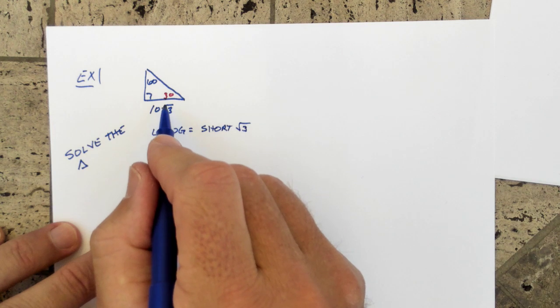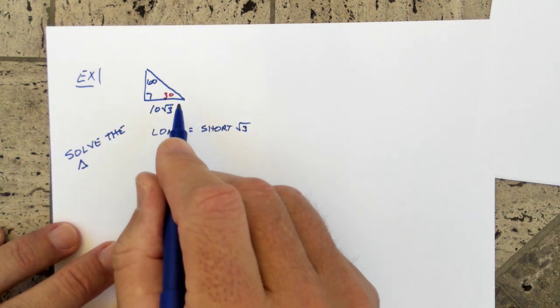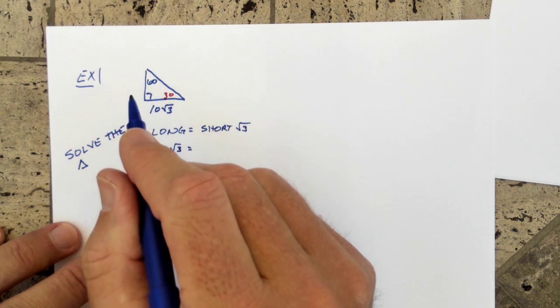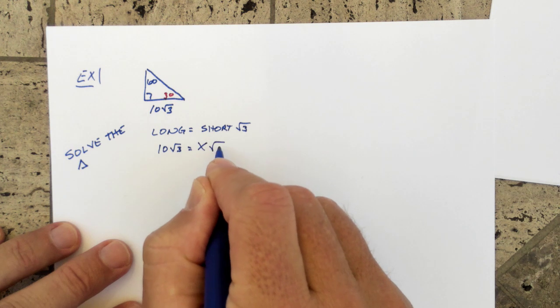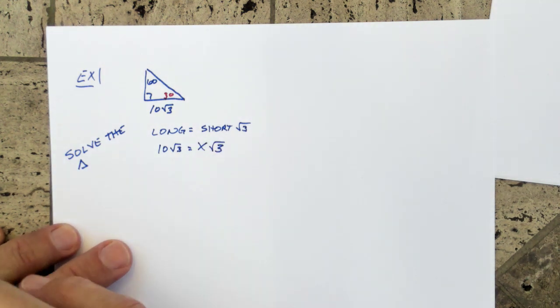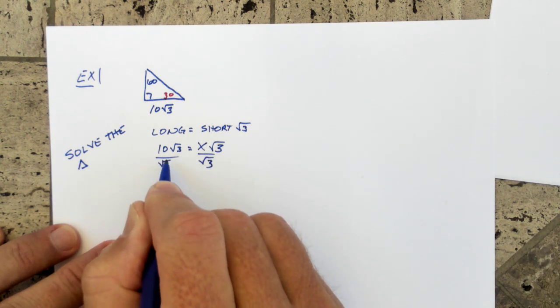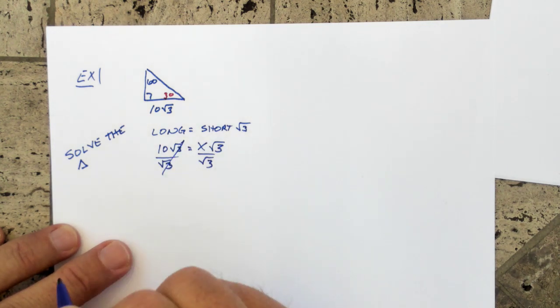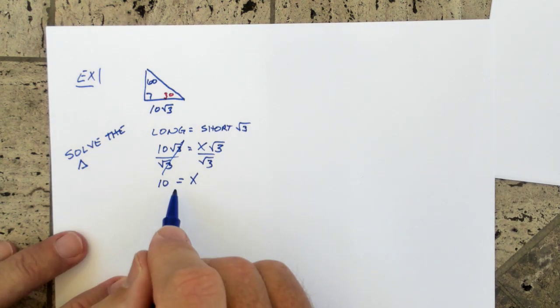So plug in what we know. 10 radical 3 equals short, don't know it. So pick a variable. X, good choice. Solve for x. Divide by the square root of 3. Since this is multiplication, cancels each other out. X equals 10. What is that? Short leg.